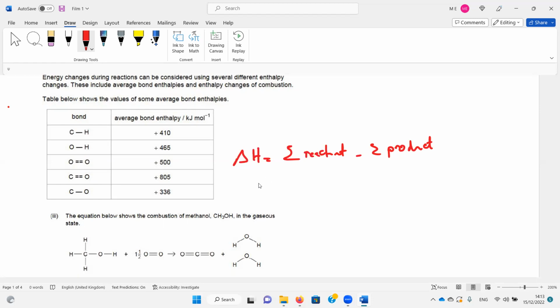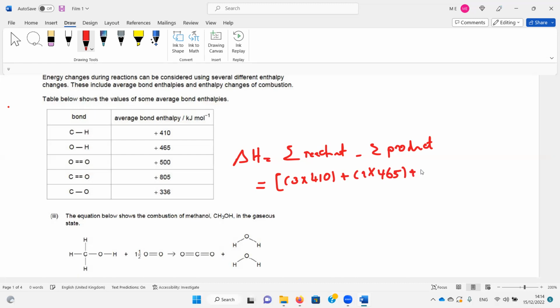So let's start. Here in this case, we have an open square bracket, small bracket, and we have 3 times CH, CH is 410, plus we have 1 OH, so that is 465, close the bracket.